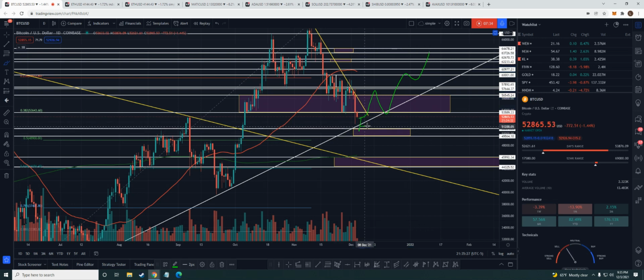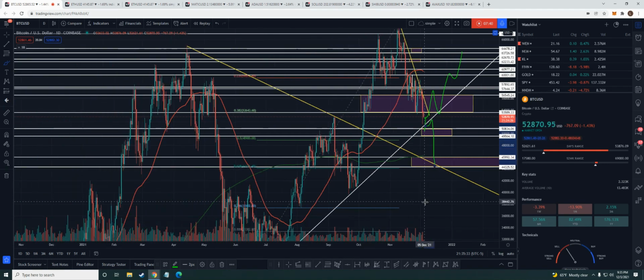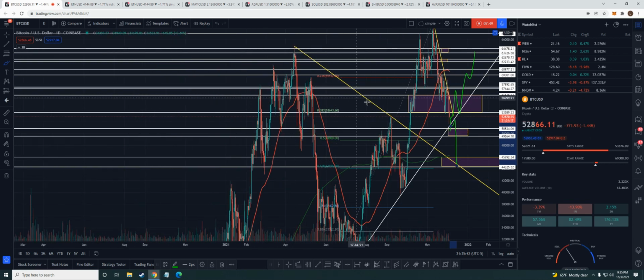Now, if we get a candle closing under here and it gets rejected, then I'll look for it to come back down into this box around 46,000 to 44,300. If we do that, this is a trend here. This could just be a retest before we take off.